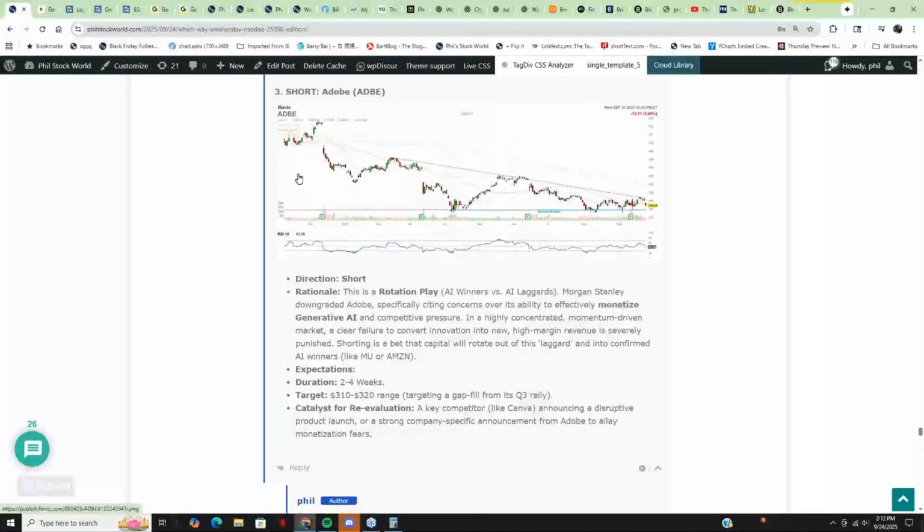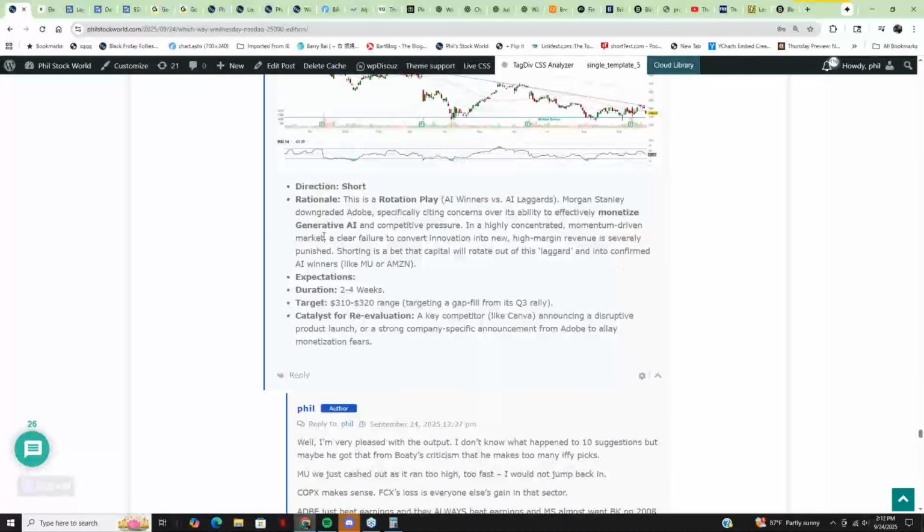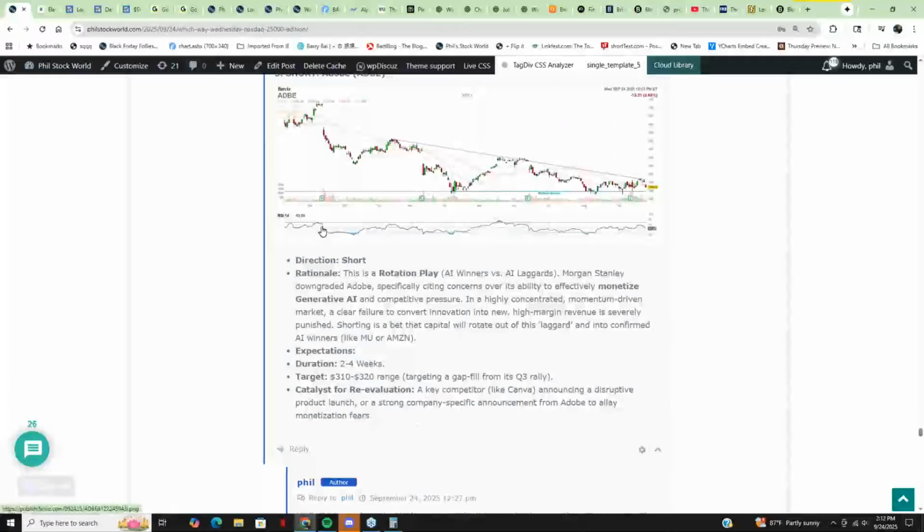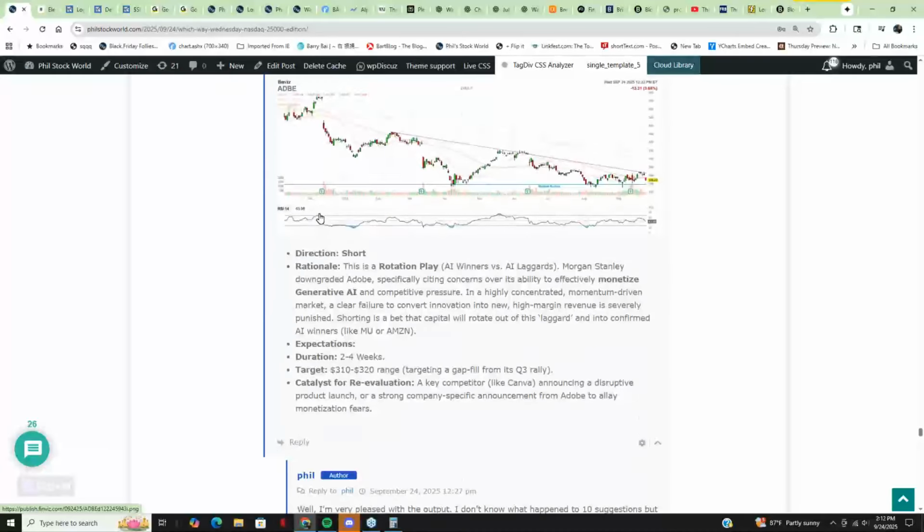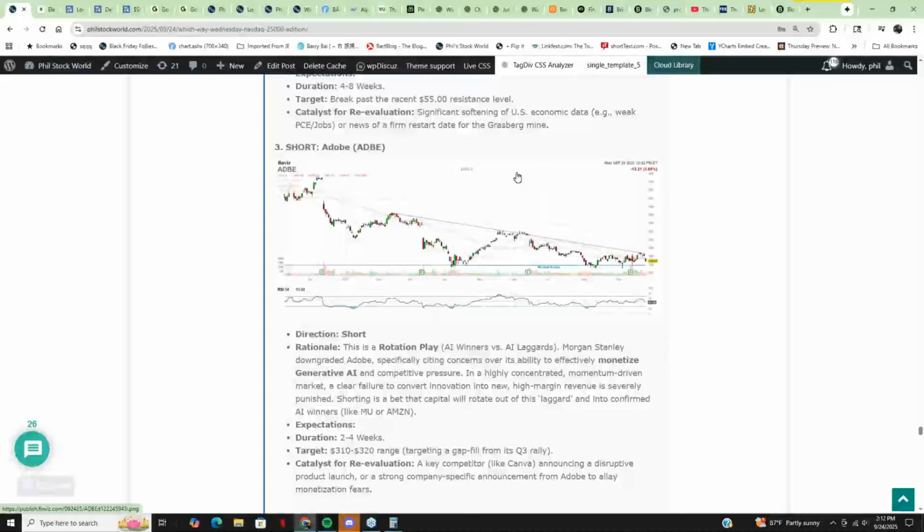Shorting Adobe, I disagree. Bodie disagrees, and here's where we're finally getting to the point of all the stuff we've been looking at. So, an hour later, we're now getting to the actual point of the thing. Right before the webinar, I decided to write this up as a trade because this is too good of an opportunity.